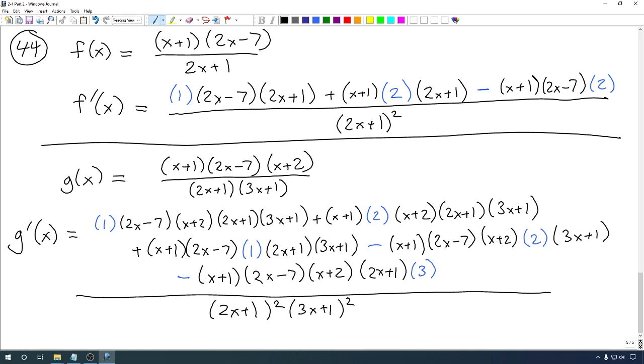But the point here is that our product and quotient rules do allow us to quickly and easily get to these derivatives without having to go through any limit definitions, and potentially without having to do any sort of expansions. It just depends on what you need the derivatives for. If all you need to do was find the slope of a tangent line, you could go ahead and plug in whatever value of x you wanted into this formula.